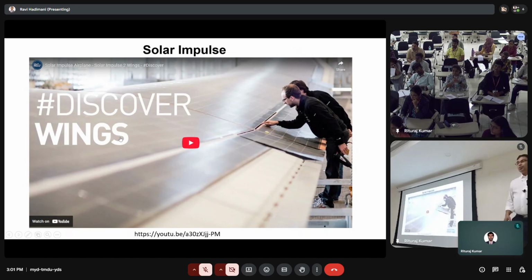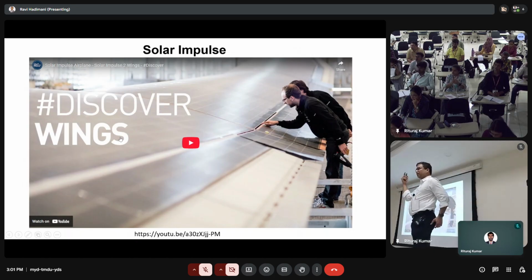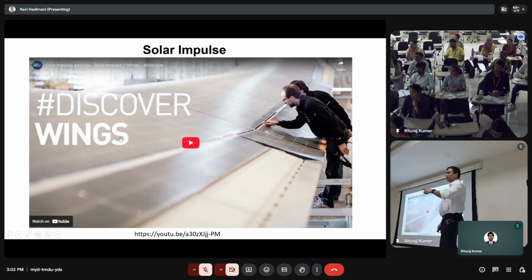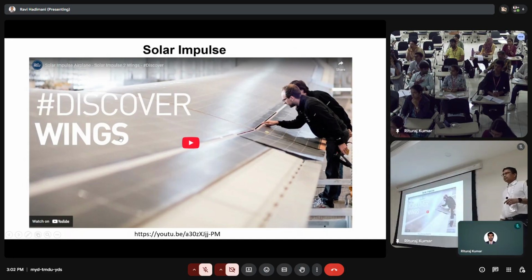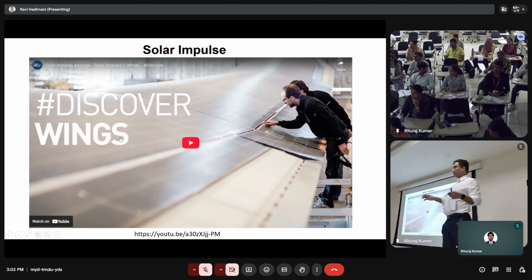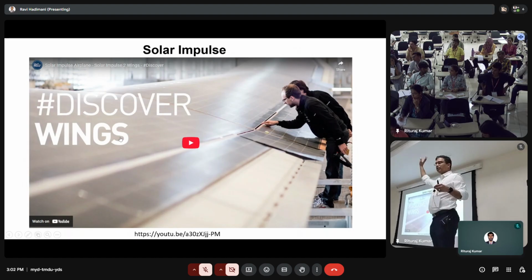Where else do you see composites? One Formula One car we talked about, aircrafts we talked about. Where else do you see composites? Yeah, wind turbine blades are composite materials. They're so big, especially the offshore ones in the sea.